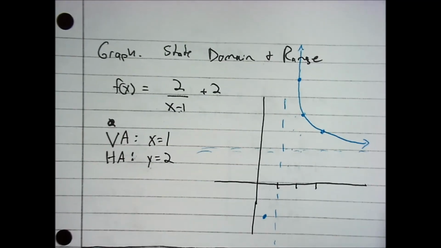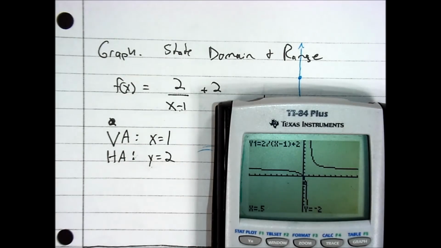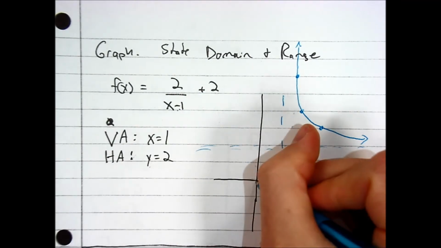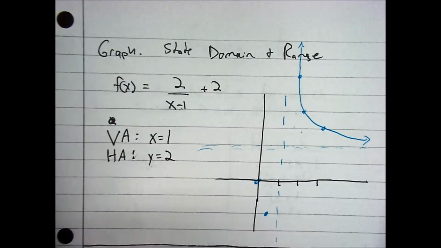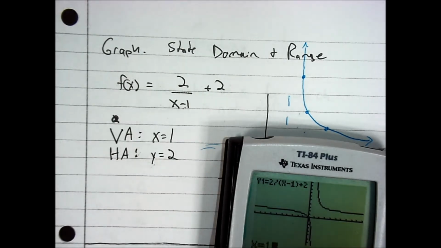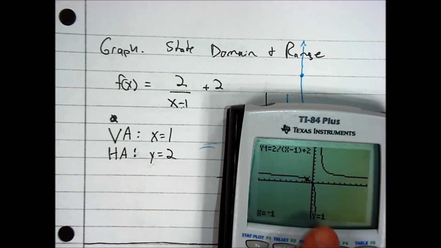What about 0? 0 gets me 0. And negative 1, oh, my fault, negative 1 gets me to positive 1. So negative 1, comma, 1.